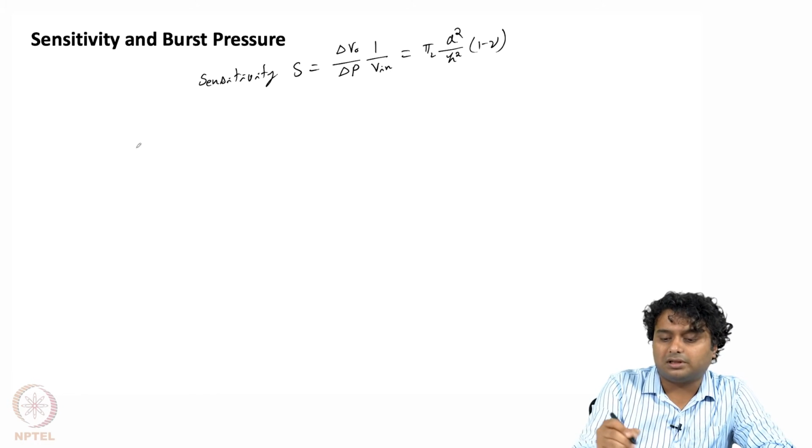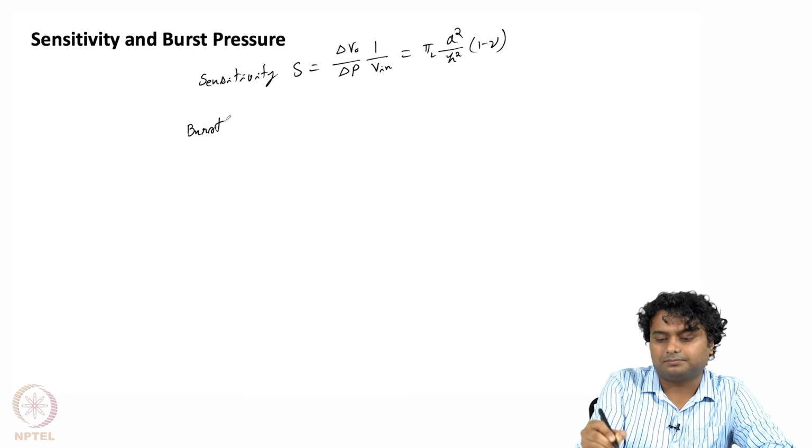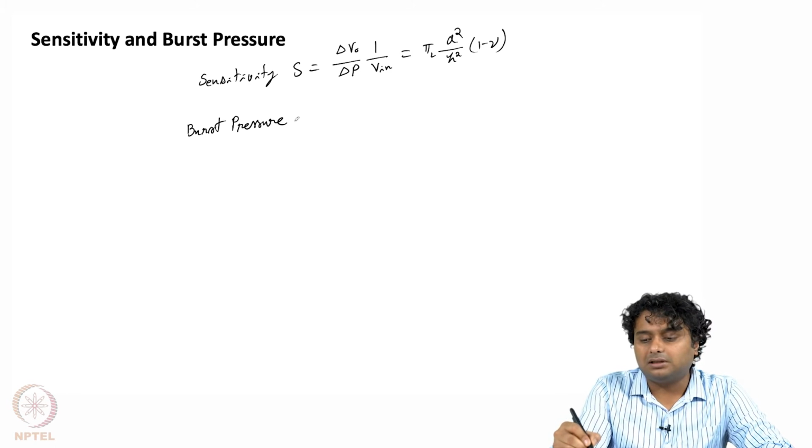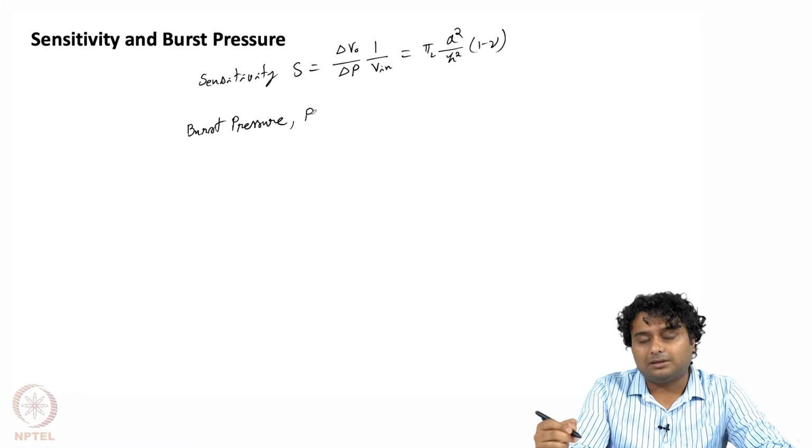Now, in this context we need to know another term called burst pressure. Burst pressure is the maximum pressure that can be applied on the membrane.